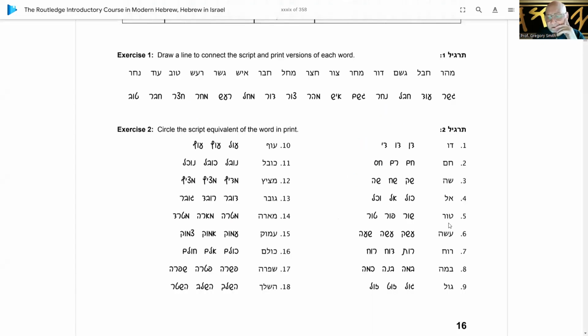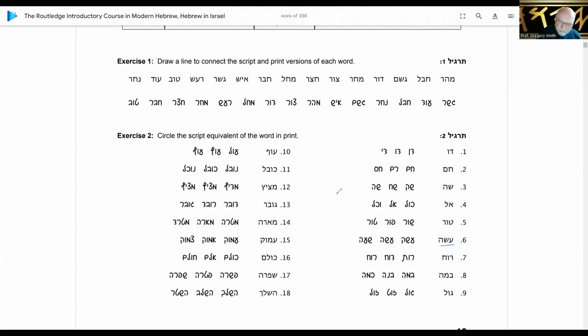Okay, so number 6 we have, this looks like asa, but I'm not sure that's how it's pronounced. Asa. I guess I was right. Okay, so it means to make or do, or it means made.